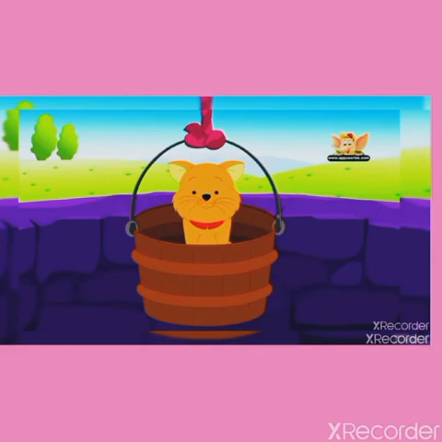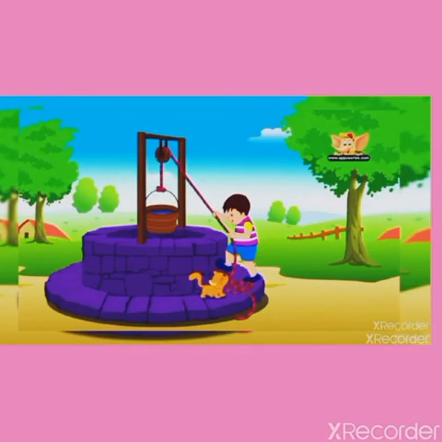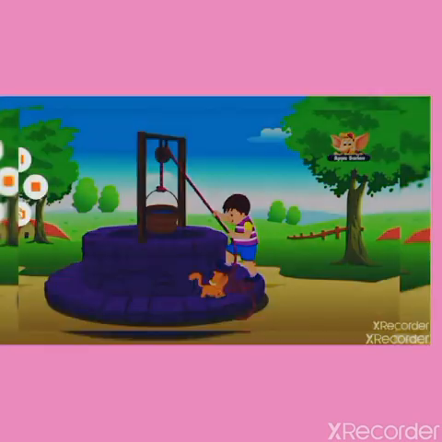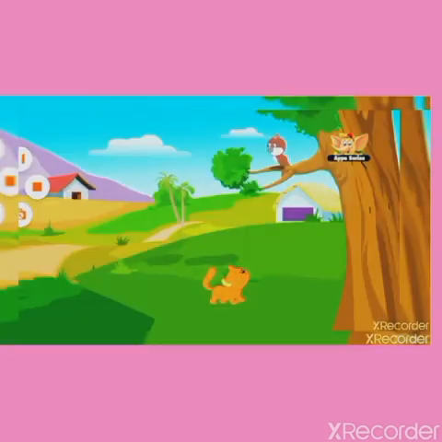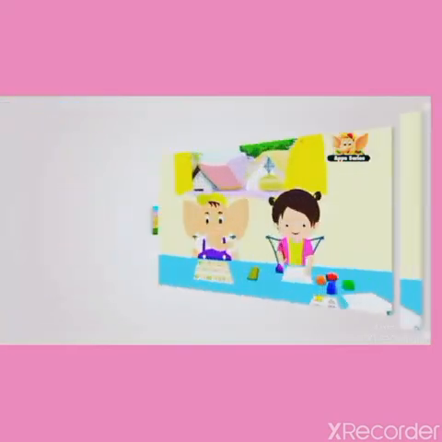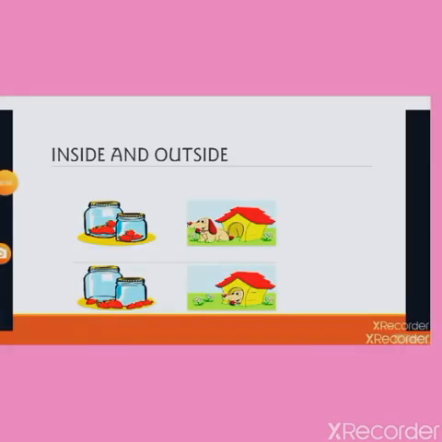The dog is inside the bucket. The dog is outside the bucket. Okay, where is the sparrow? The sparrow is above the tree and the pussycat is below the tree. Now okay children, just look at these 4 pictures. This is the concept of inside and outside.